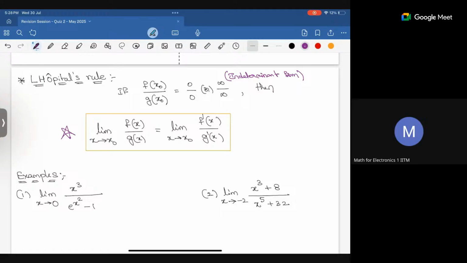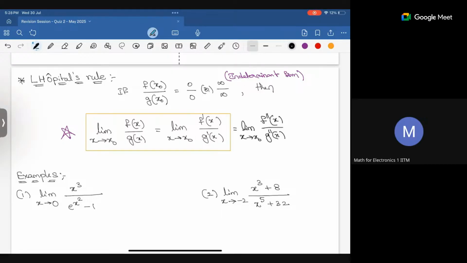The beauty is you can use L'Hopital as long as you get these indeterminate forms. So even if f prime of x and g prime of x give you 0 by 0 form, then you can further use L'Hopital, and you can use it indefinitely. There is no stopping. You are getting 0 by 0, use L'Hopital.